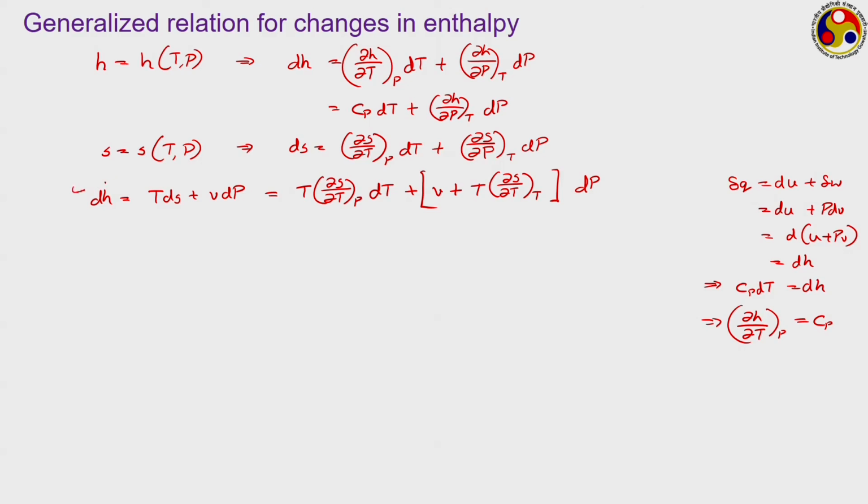So, if you compare this expression for dH and this expression for dH, we get Cp equal to T into ∂S/∂T at P, or ∂S/∂T at P is equal to Cp by T.